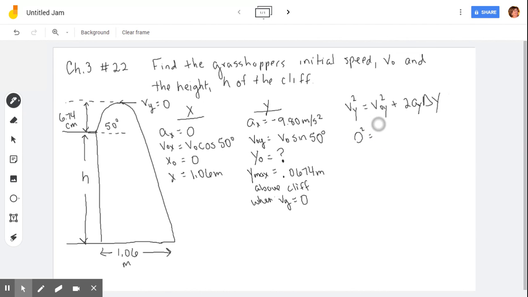This will be v0y squared. We're going to try and find this. Negative 9.80, and then our displacement is 0.0674. When I solve this, I get 2 times 9.80 times 0.0674.